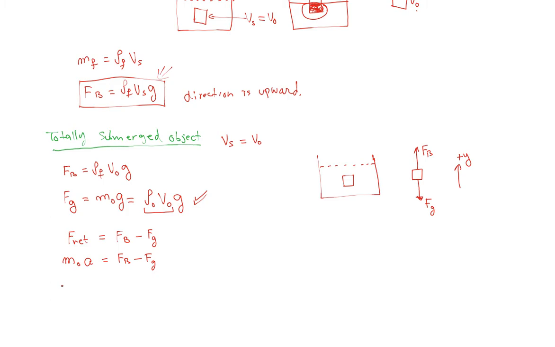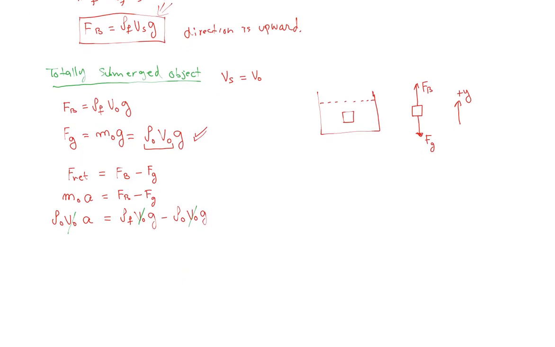And mass of the object is rho of the object times the total volume of the object times A equals FB, which is rho of the fluid, times volume of the object times G, minus the gravitational force, which is rho of the object, volume of the object, times G. And nicely in this equation, volume of the object cancels.